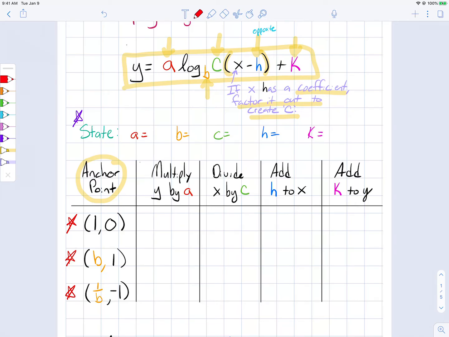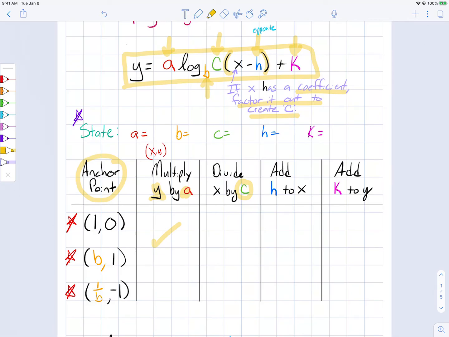And then you're going to go through these steps. Whatever a is, you are going to multiply the y value by it. So remember coordinates are (x, y), so be careful you're multiplying the correct thing. You're going to write your new points right there. Then whatever c is, you're going to divide x by it.